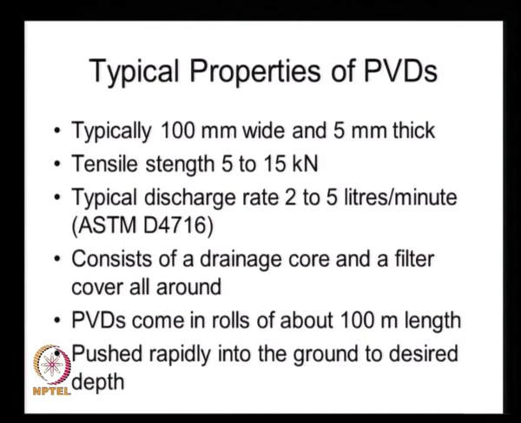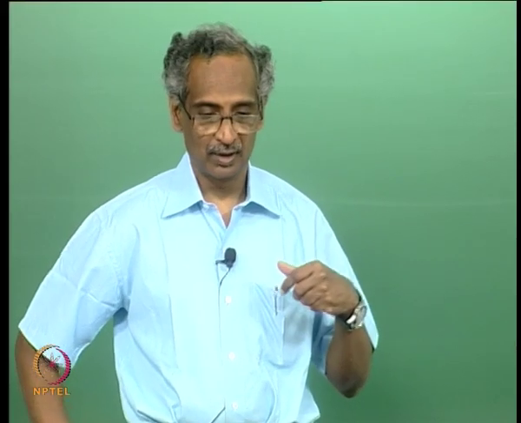For the installation of sand drains, we need to drill a borehole and then fill it with sand of required gradation, and also when we fill the sand, it should be compacted so that the borehole does not collapse. Whereas in this case, we take a prefabricated drain that already comes in rolls, we just simply push it into the ground, and the type of soils that we deal with are extremely soft, that may have a cohesion of about 5 to 10 kPa, or at the most about 25 kPa, and it is very easy to push them.